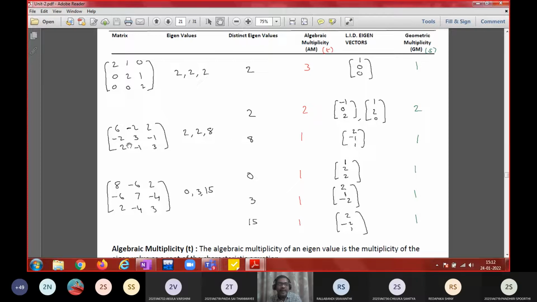But when all the eigenvalues are distinct, you can conclude diagonalizability immediately. So distinct eigenvalues is only a sufficient condition, but not necessary for a matrix to be diagonalizable. Even if some eigenvalues are the same, it may be diagonalizable, or it may not be. Is this concept clear to you?